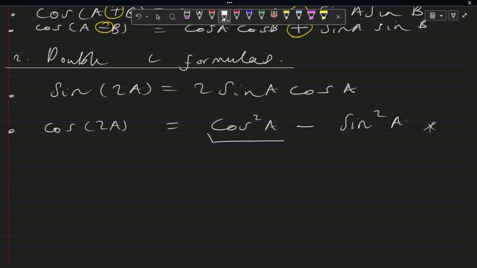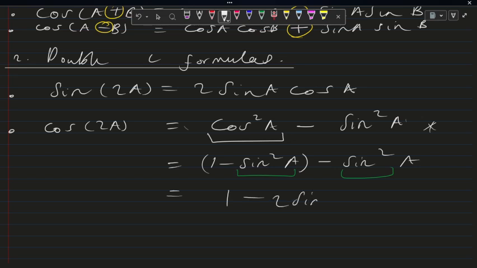I can choose to replace cos squared a with 1 minus sine squared a, and I will get a different formula. If I replace this with 1 minus sine squared a, and then minus sine squared a, I end up with 1 minus 2 sine squared a.